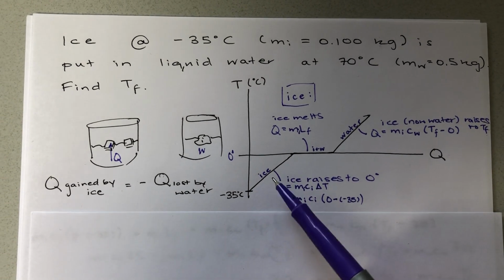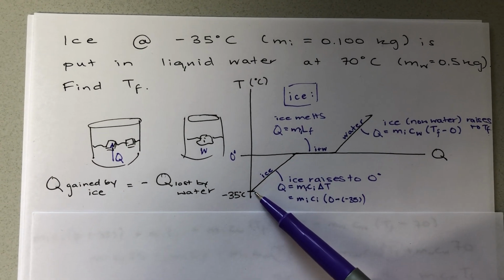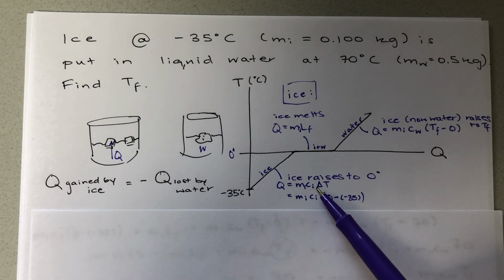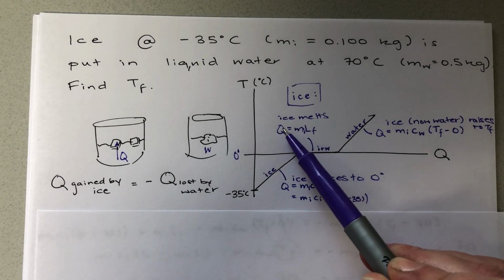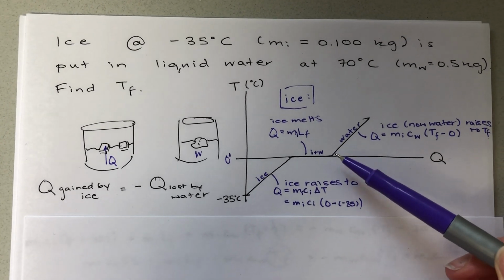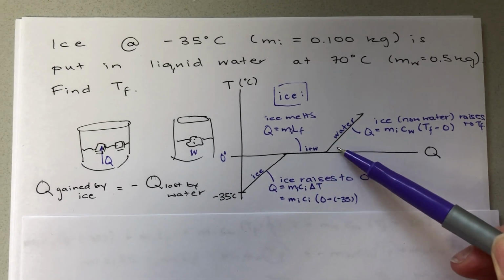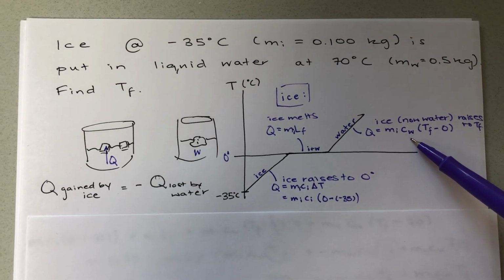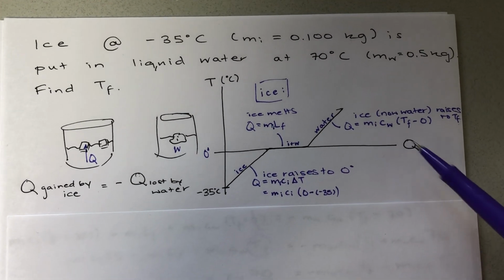We have to use C of the water. So first stage, we're remaining ice, but we're just changing temperature, so we use C of the ice. Here we have the slush, so we're just using Q equals MLF, just like we did before. And then here, now it's water, and so we have to use C of water once we're up over here. So again, that's where that mistake was, so I apologize for that, but I did want to clarify that.